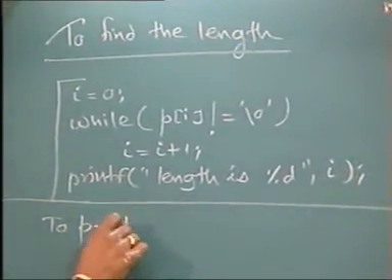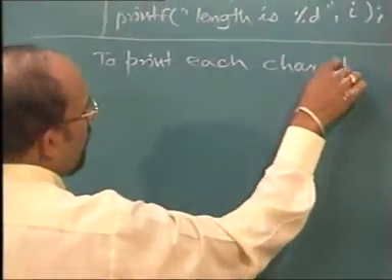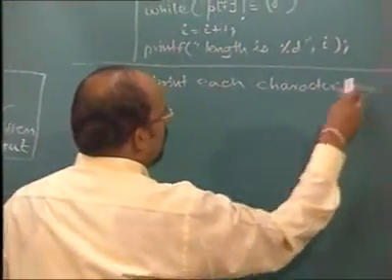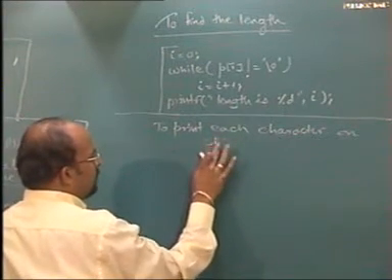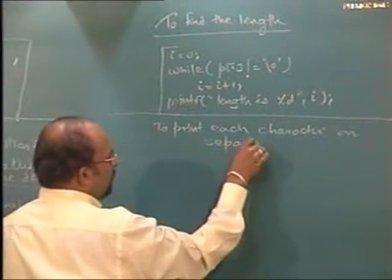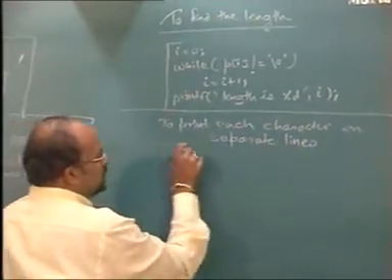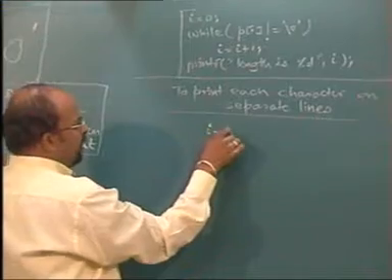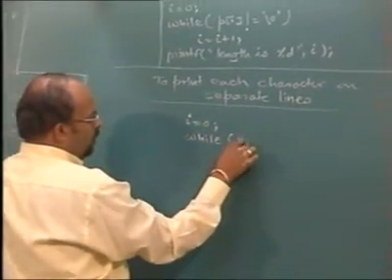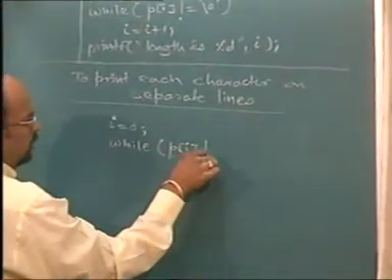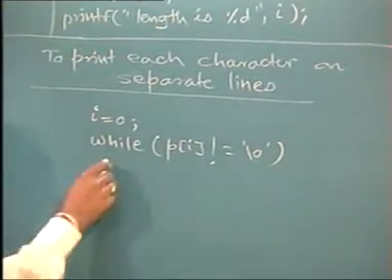To print each character on a new line, or on separate lines, this is the task. The job will be as simple as saying while the string is not over, as long as you don't reach backslash 0, print the character.